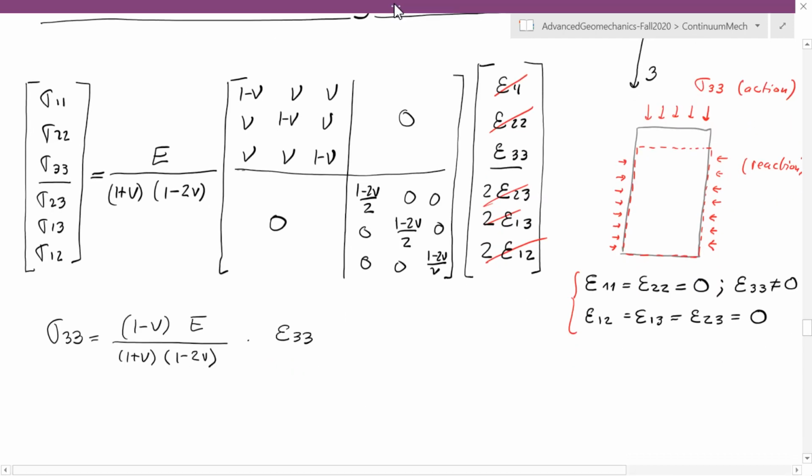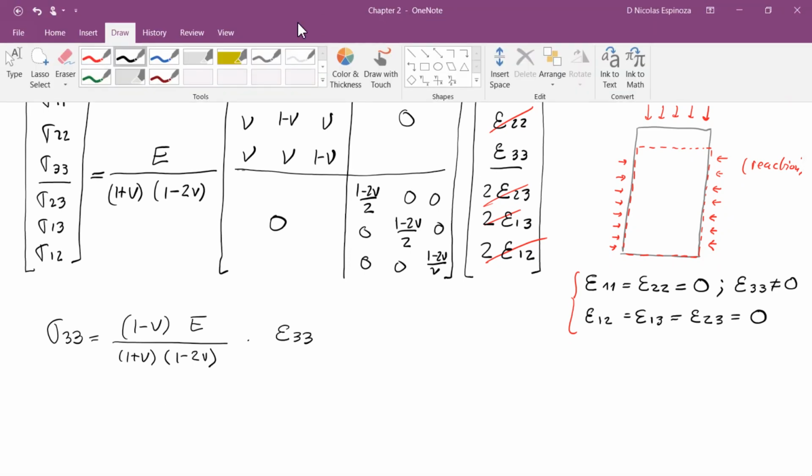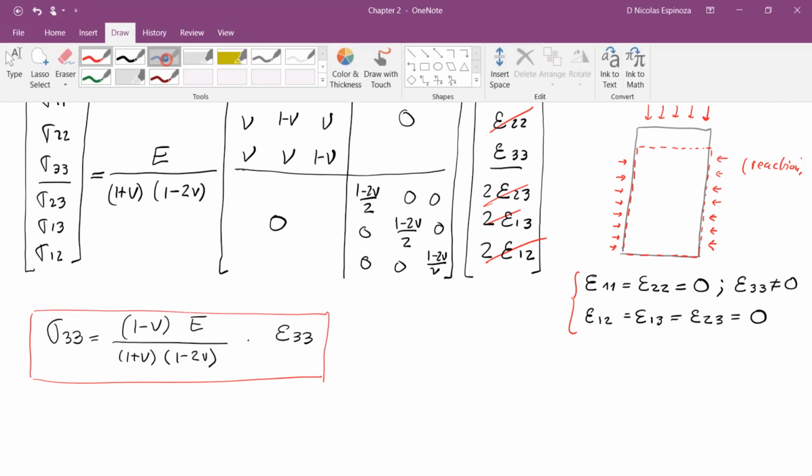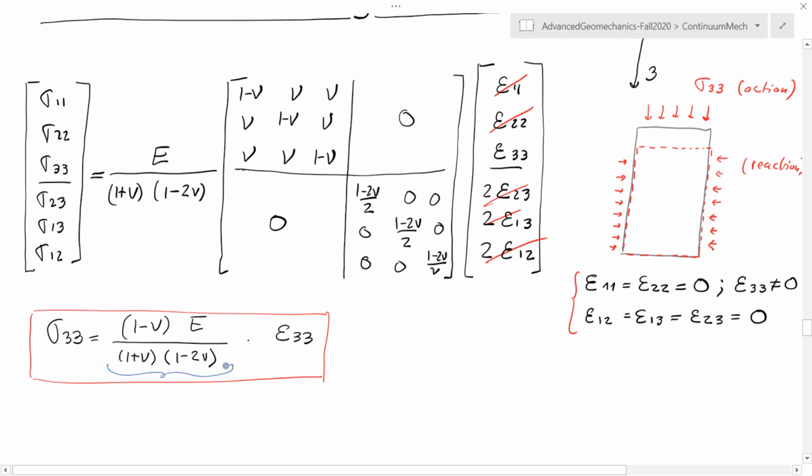All right, so just by doing that simple multiplication, we have arrived at a very important equation that defines something which is called the constraint modulus, and it goes by the letter M. It goes by letter M, and it's called constraint modulus.